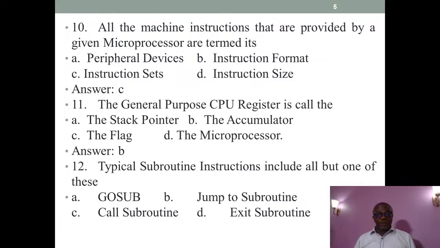We have the go sub command, we have the jump to subroutine, we have the call subroutine, but we don't have exit subroutine. Instead, what we normally have when you are going out of a subroutine is a return command. Return takes you back to the place where you jumped out to carry out a subroutine instruction. So there is no command like exit subroutine. Rather, what we have is the return command.